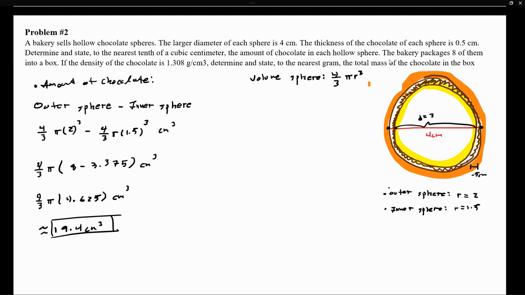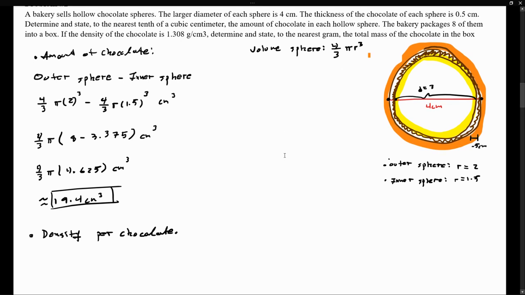In order for us to answer that question, what we want to do is compute the mass per chocolate. What we know so far is that the amount of chocolate in this hollow sphere is 19.4.